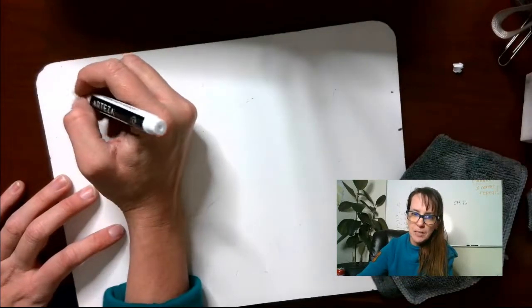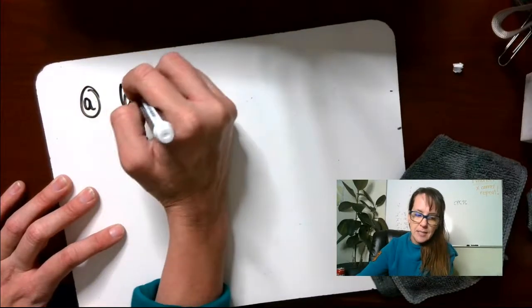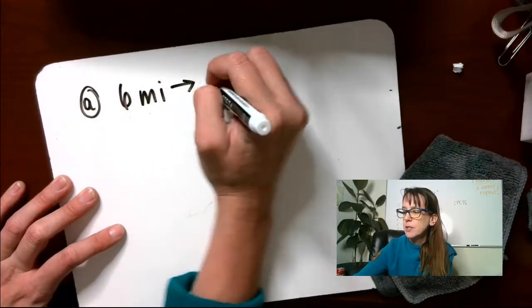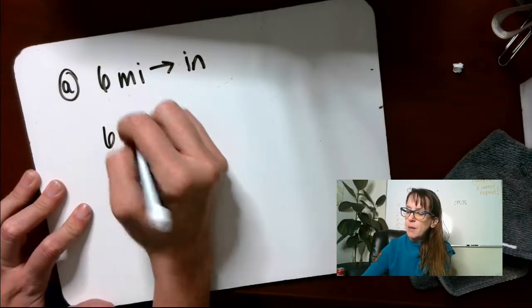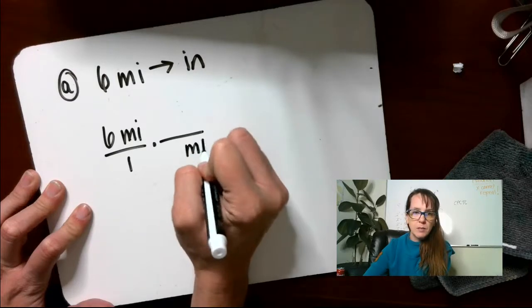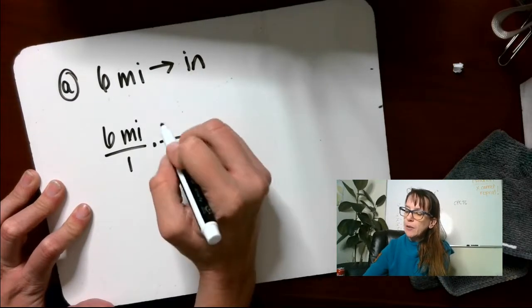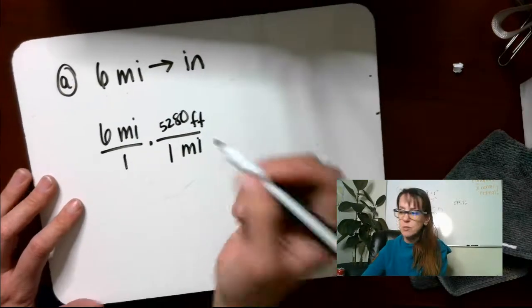All right, so for these practice problems, I'm on page 110. 6 miles to inches. All right, let's do this. 6 miles over 1 times miles to miles, right? And in 1 mile, there are 5,280 feet, because we're going down, so we want to go down to feet.